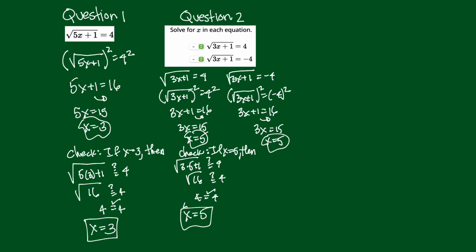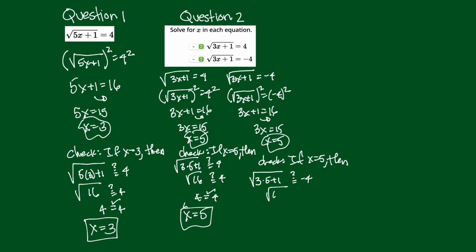Okay, but now you have to check it. So let's say if x equals 5, then, okay, what do we get? So put that 5 right there, put it back into the original equation. So we'll get this. Square root of 3 times 5 plus 1, okay, is that equal to negative 4?